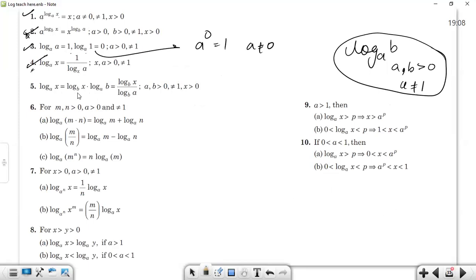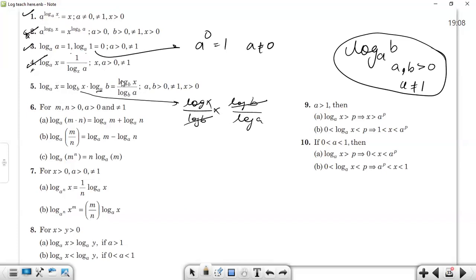If we open this, logarithm of x divided by logarithm of b, multiplied by logarithm of b divided by logarithm of a. These all have base e, I'm not writing it. So this will cancel this, and it becomes logarithm of x to the base a. Understood?